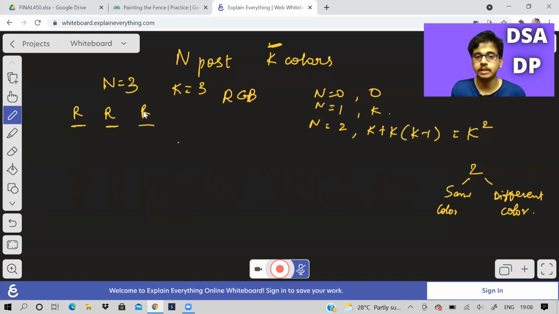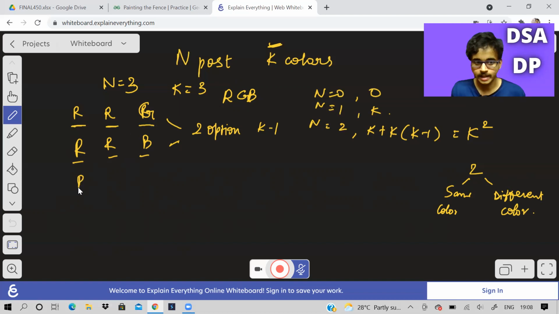So you can't paint with R again if the first 2 are painted with R. The third one should be either G or B. So 2 options. Let us write 2 as K minus 1, in general K minus 1 options. Same thing let us do with BB. Suppose the first 2 posts are painted with B. Then can I paint the third one with B? No.